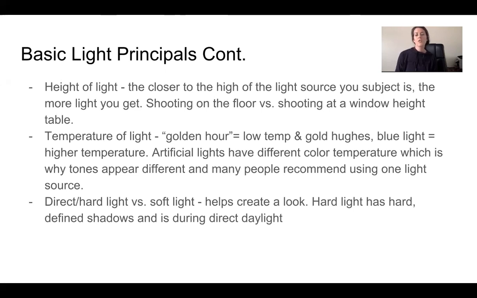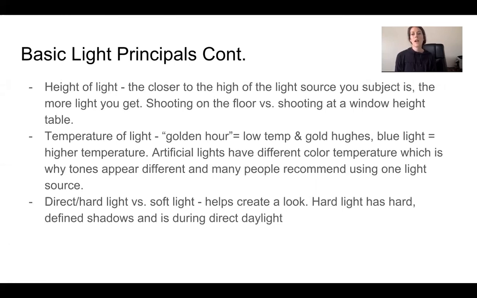So you'll probably hear a lot of photographers, especially wedding photographers, or family and portrait photographers chat about golden hour. They want to get their shoots in within golden hour, and that's at the beginning and the end of the day. The light is at a lower temperature, so there are more gold hues.